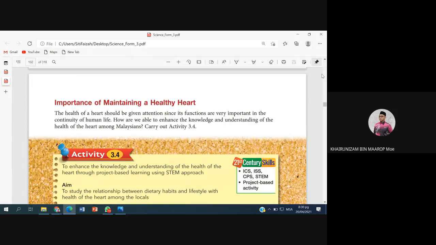Lepas tu kamu berjalan, lepas berjalan tu beberapa seketika kamu kira lagi. And then kamu buat aktiviti aktif seperti berlari setempat dalam rumah. And then you cannot go out kan, PKP. So buat, and then kamu check balik. Okay, and then kamu tulis. Tomorrow kita discuss it. Alright?